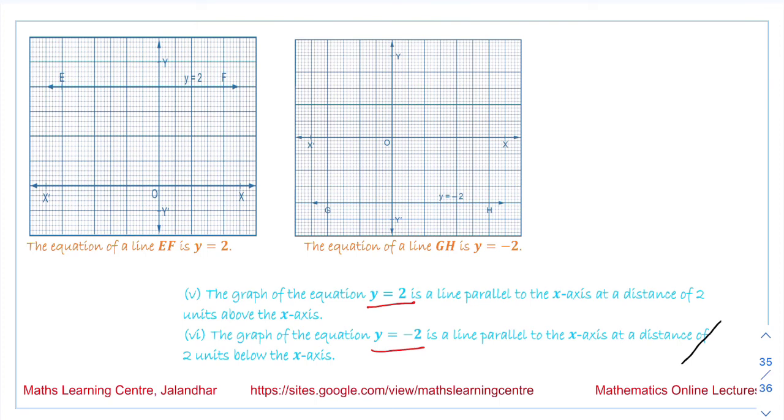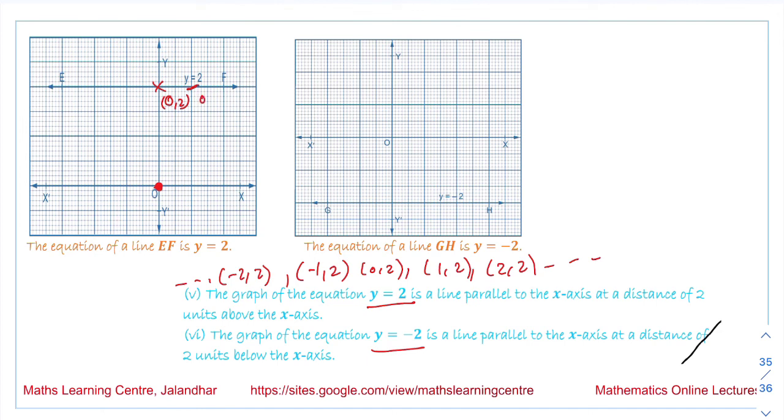Now we have y is equal to 2. So y is equal to 2 means x can take any value. This will be satisfied by the points (0, 2), (1, 2), (2, 2), and so on, (-1, 2), (-2, 2) and so on. So this is the origin, and this point over here is (0, 2).